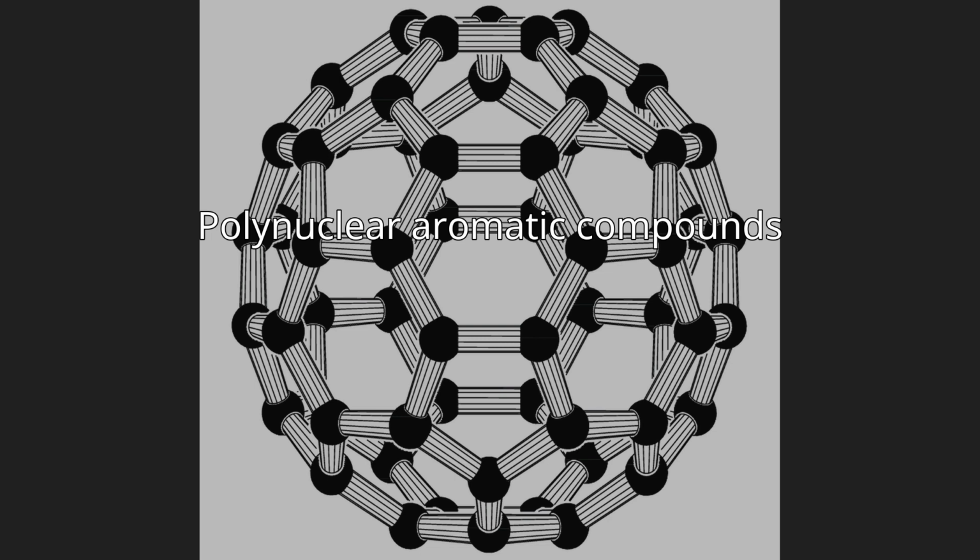Polynuclear aromatic compounds. Some common polynuclear aromatic compounds that are functionalized with hydrophilic or hydrophobic moieties are used to solubilize carbon nanotubes into organic or aqueous solvents. Some of these amphiphiles are phenyl, naphthalene, phenanthrene, pyrene, and porphyrin systems.